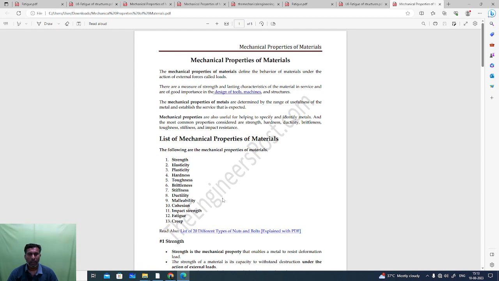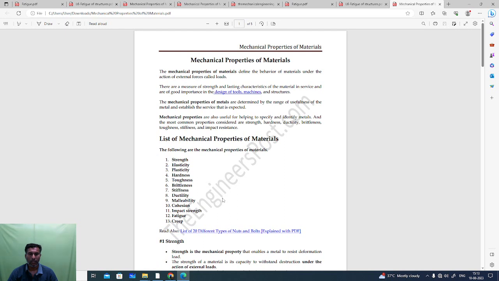The most common properties considered in mechanical strength are the important factors: strength, hardness, ductility, that is ductile material and brittle material, toughness, stiffness, and impact resistance. Okay. Next, the list of the properties of the materials.